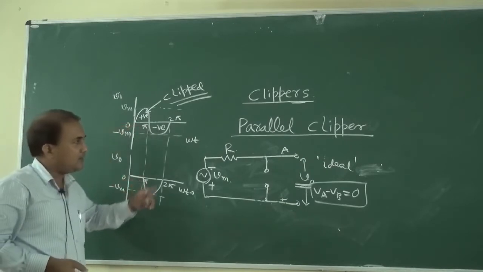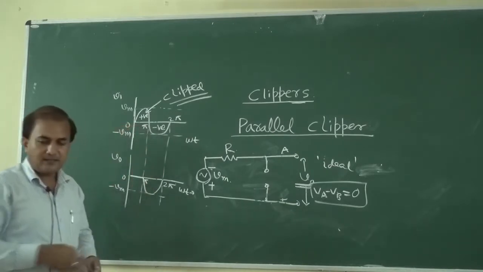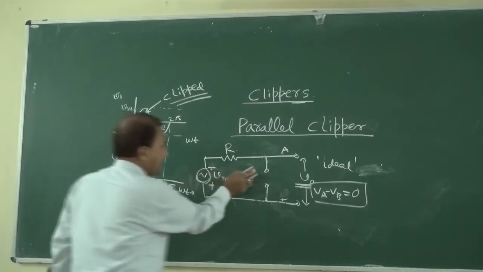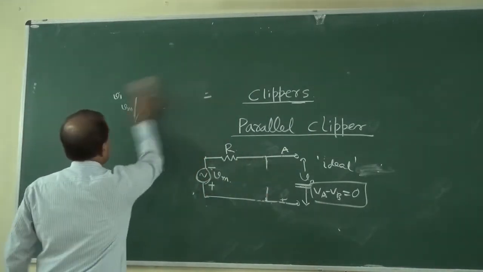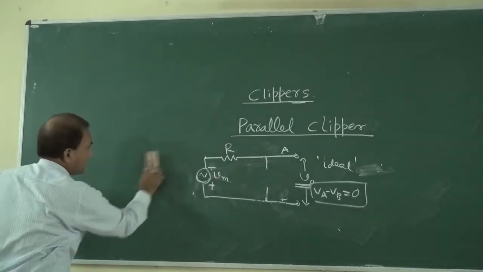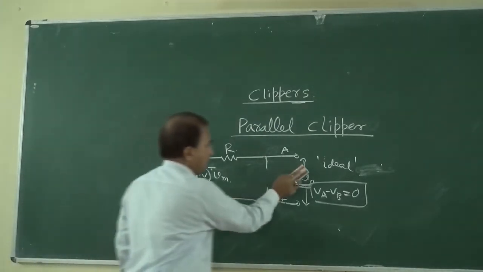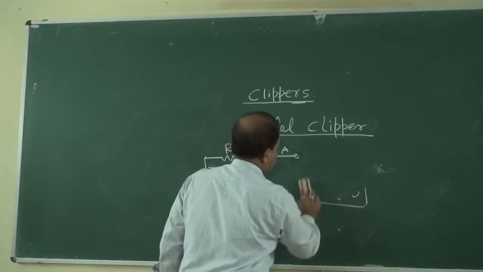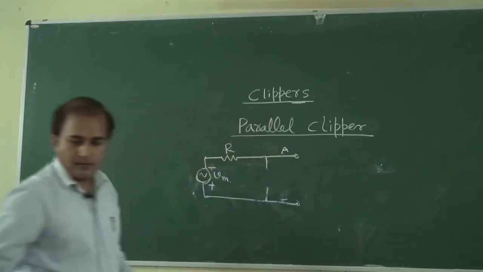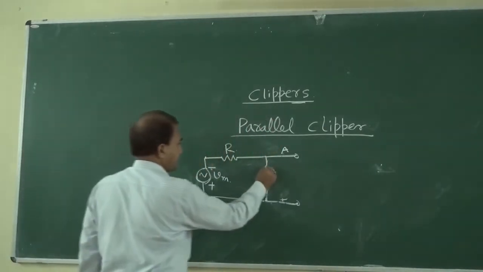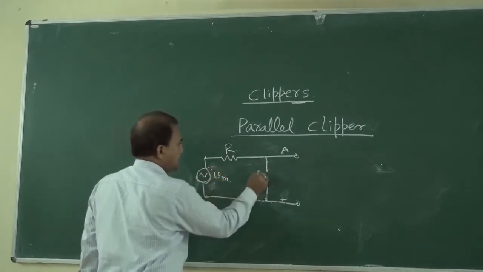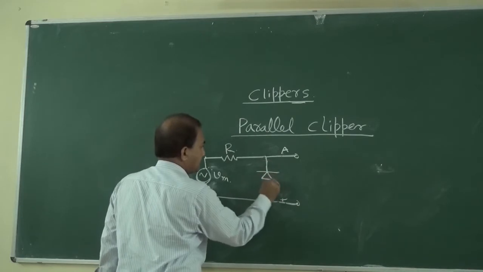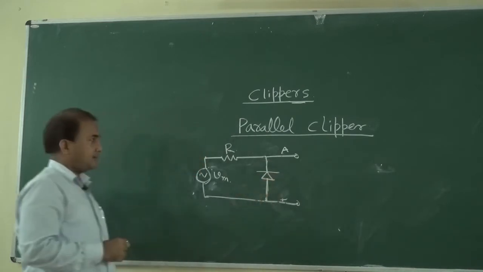Then we have seen this type of parallel clipper. Then we will see what happens if the direction of the diode is changed. Now, if the direction of the diode is changed like this, then what will happen?